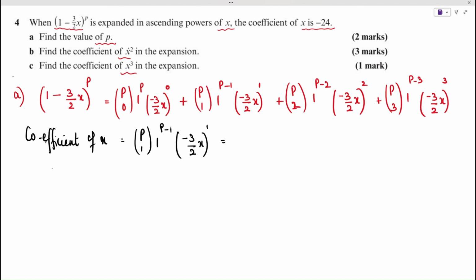So p choose 1 will be p times 1 times minus 3 over 2 x. So we're left with minus 3 over 2 p times x. And so minus 3 over 2 p is the coefficient.